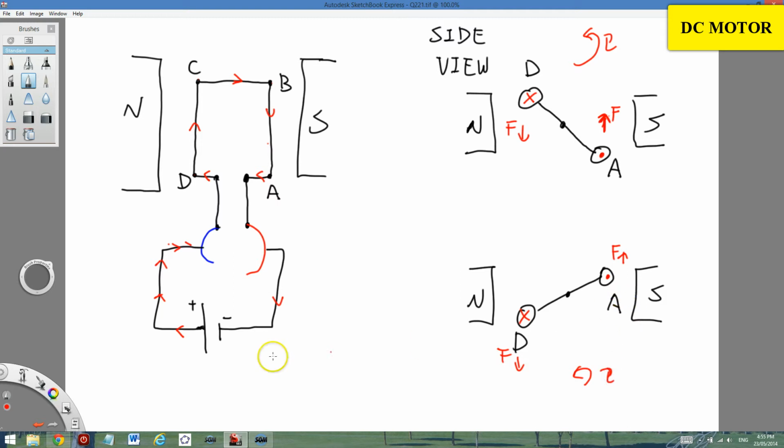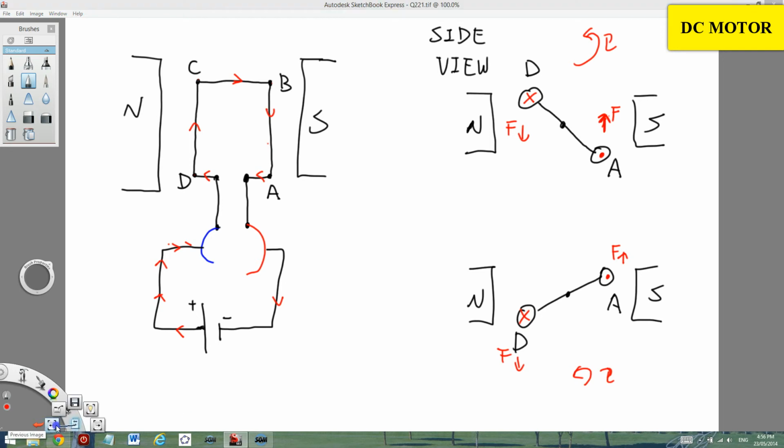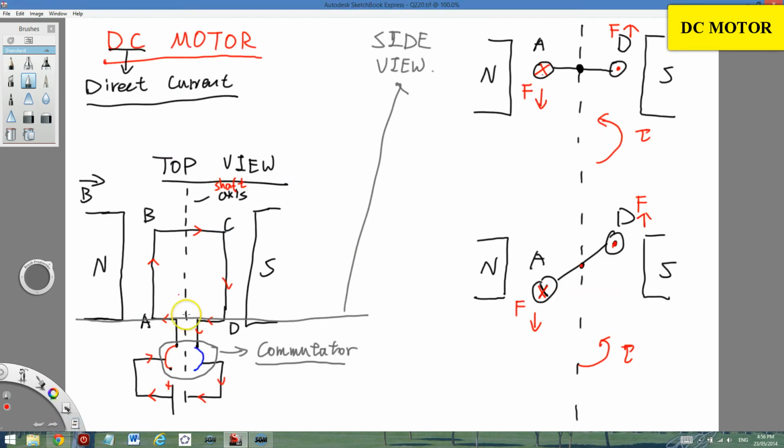Then if it keeps rotating, when the line CD is on the right hand side, the situation changes to this part again. And it will keep rotating unless there's no current running through the wire.